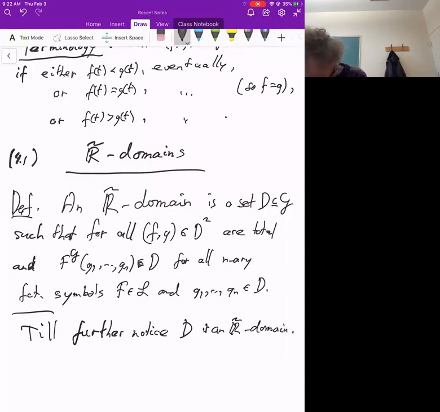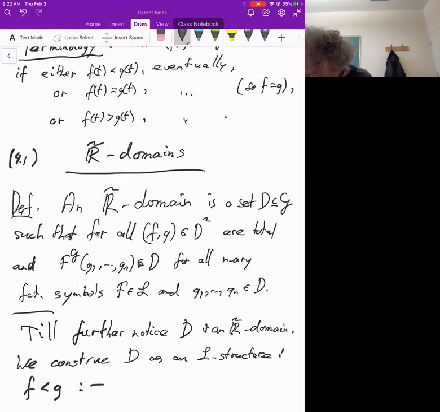We can now construe D as an L-structure. How? Well, in the obvious way: F will be less than G for two elements in D if and only if Ft is less than Gt eventually. So this puts a linear order, a total order on D, because we are assuming that every pair of elements is total.